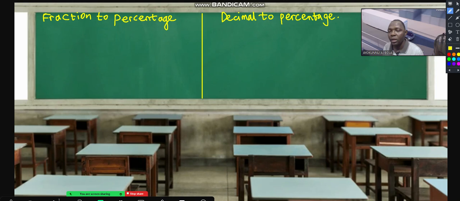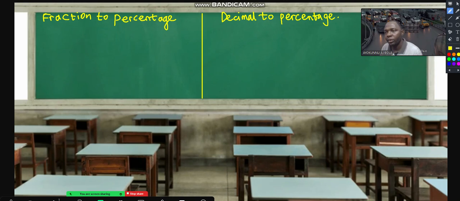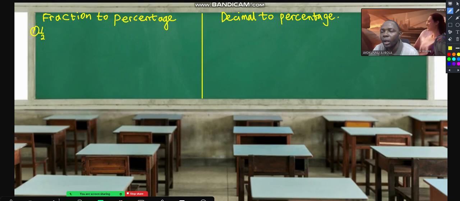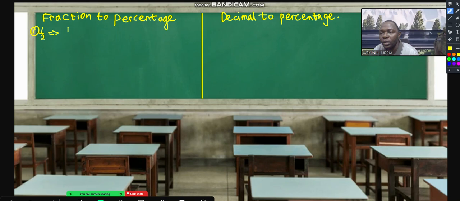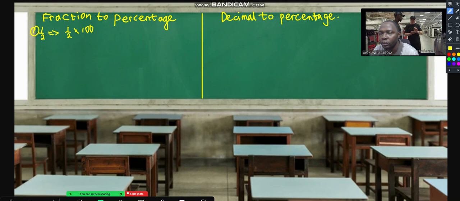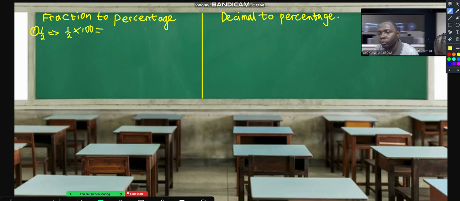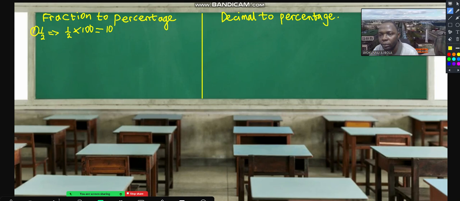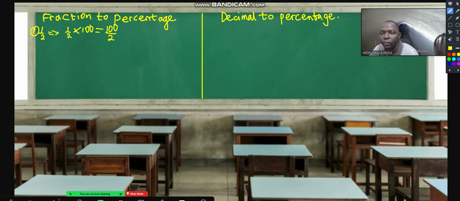Now we want to look at fraction to percentage and decimal to percentage. If you have a fraction, say 1 over 2, and you want to change it to a percentage, all you need to do is multiply it by 100. So you can say 1 times 100 divided by 2, and that will give me 50%.